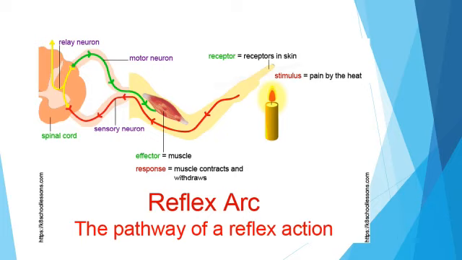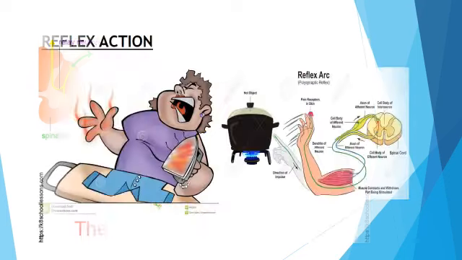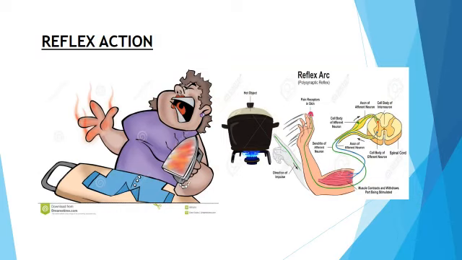The path followed by the impulse or the message is called the reflex arc of the reflex action. So children, in a reflex action, all the process is very quick and automatic.